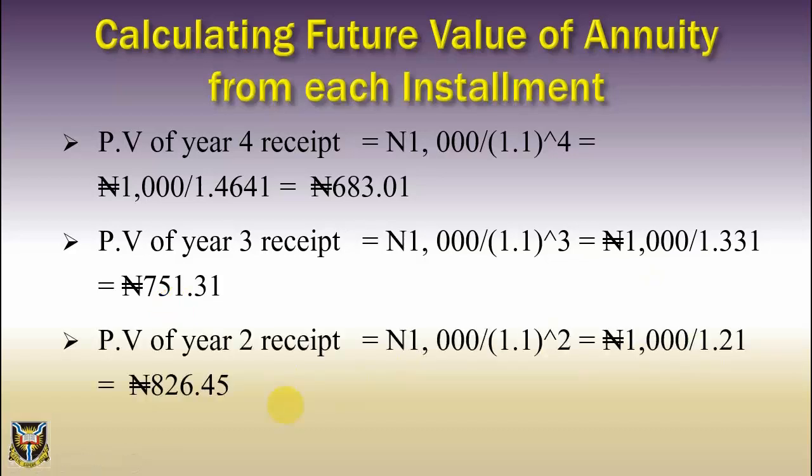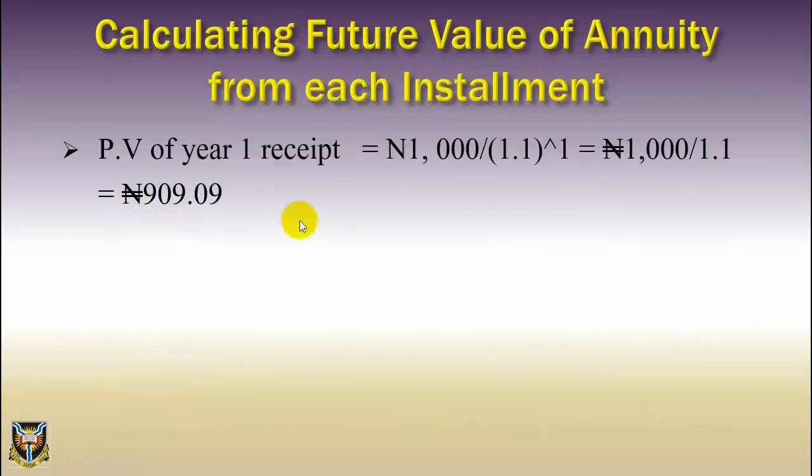PV of year 2 receipt is equal to 1,000 naira over 1.21, which is equal to 826 naira 45 kobo. PV of year 1 receipt is equal to 1,000 naira over 1.1, which is equal to 909 naira 09 kobo.